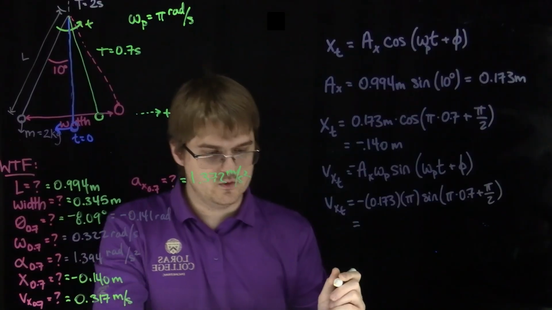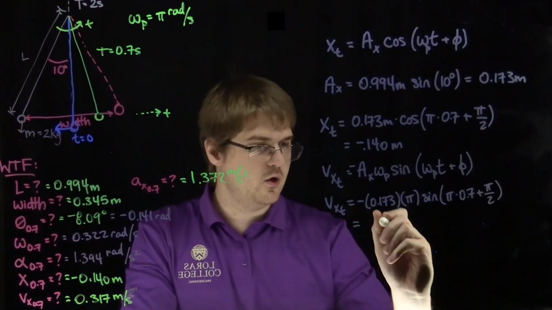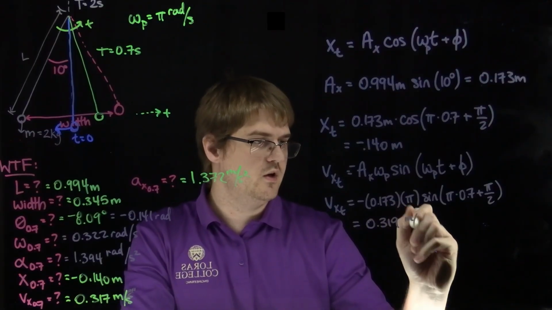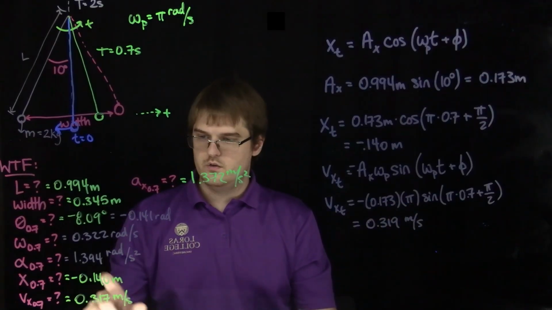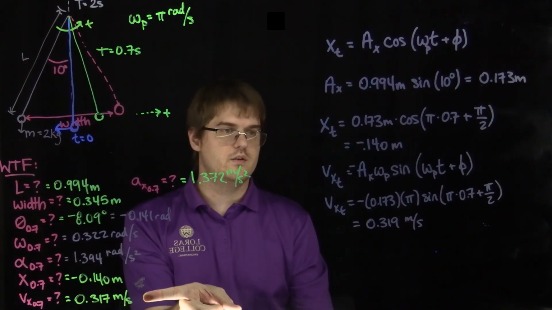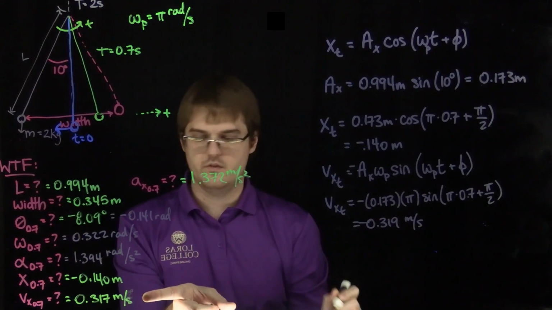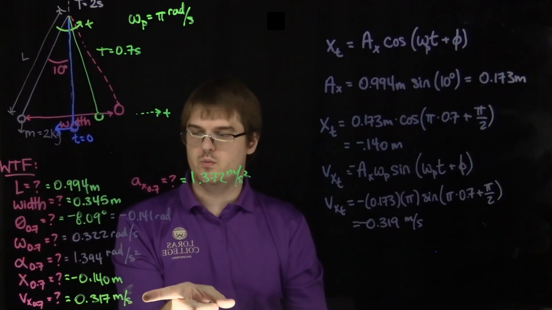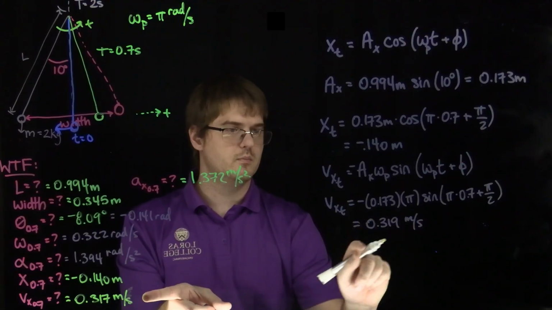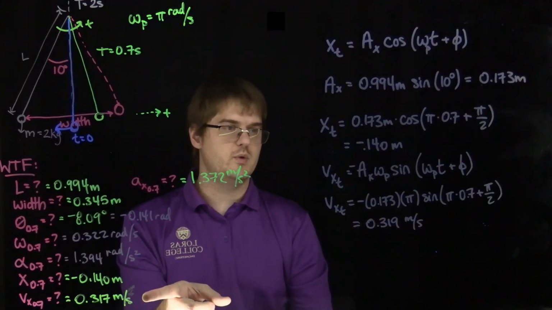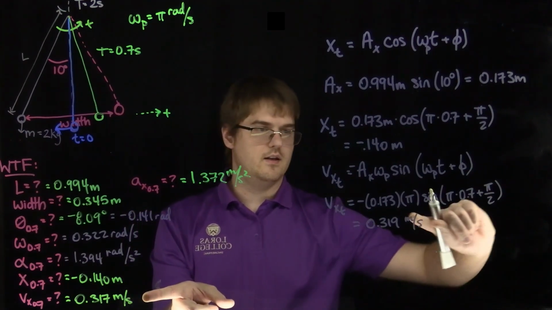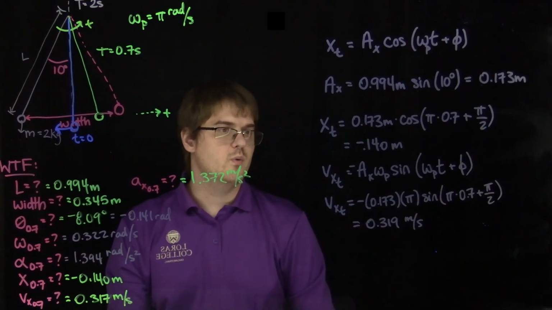And that comes out to a value of 0.319 meters per second. So when we didn't use the approximation, we got a value here of negative 0.31. No, this isn't negative. What am I doing? Positive 0.317 meters per second. And when I did it here, I got 0.319.